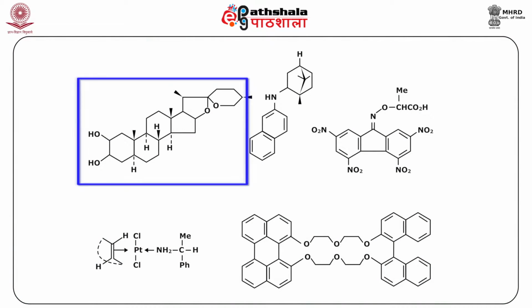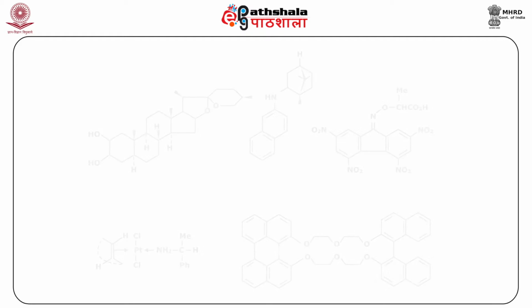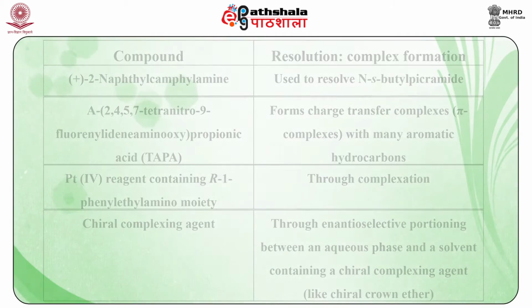Digitonin, as shown in the figure, which is a steroidal saponin, forms addition complexes with various alcohols, for example alpha terpineol, isocarbomenthol, and phenolic compounds, which can be preferentially crystallized from appropriate solvents and then decomposed to give enantiomerically pure alcohols and phenols. A list of the compounds resolved with the complexes formed is given here in the table.